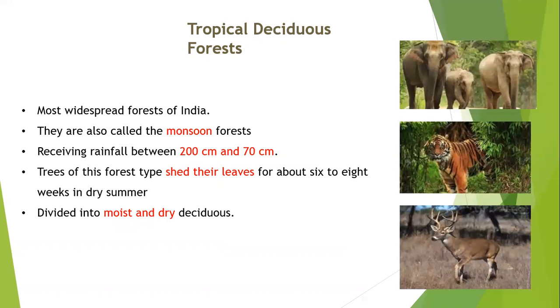The rainfall received by the dense deciduous forest is between 100 to 200 centimeters. Annual rainfall is 200 to 700 centimeters. They are found in the eastern parts of the country, northwestern states along the foothills of Himalayas, Odisha, Jharkhand, Chhattisgarh, and also the eastern slopes of the Western Ghats.